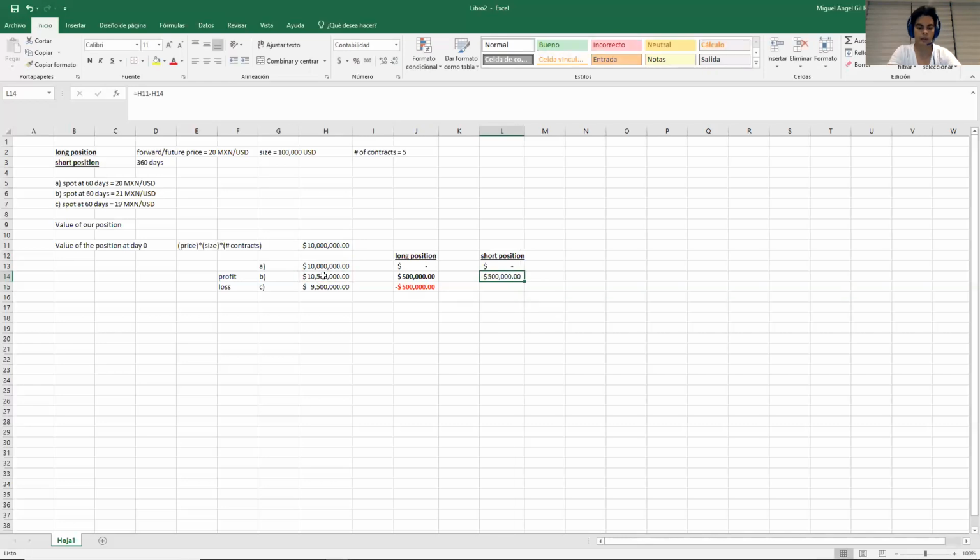So then I have a loss. And if I am forced to sell my dollars at 20 instead of 19, I will be happy because I get more money. So it will be this minus this. Usually I only ask you about one position, but be aware that you can be asked to calculate both short and long.